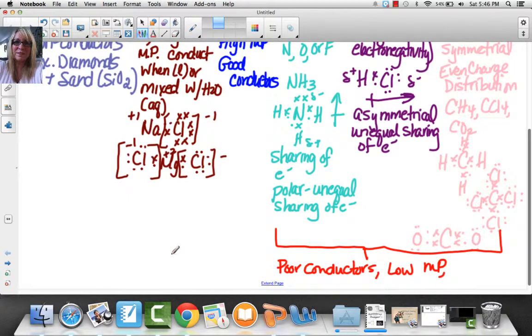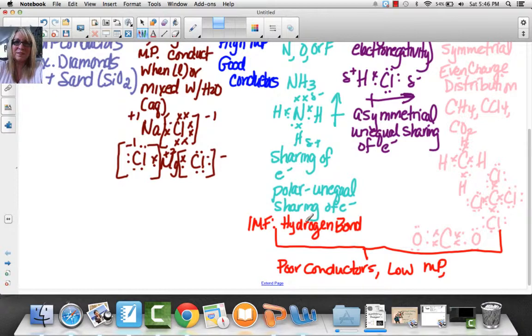Now, when we talk about specific intermolecular forces, we've got the hydrogen bond, which is here, when hydrogen bonds with NOF. So this is a type of intermolecular force.